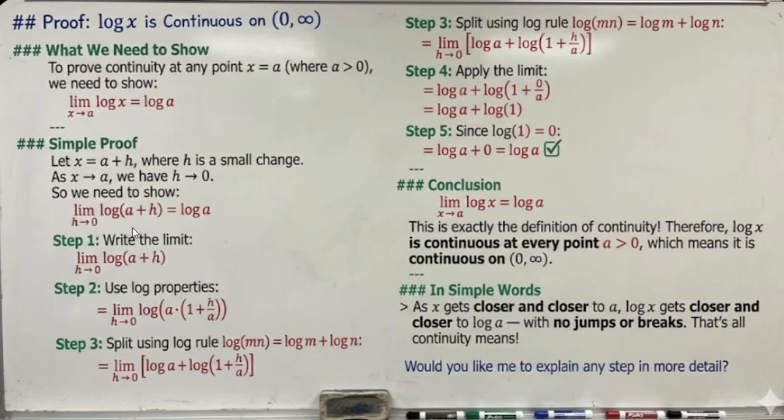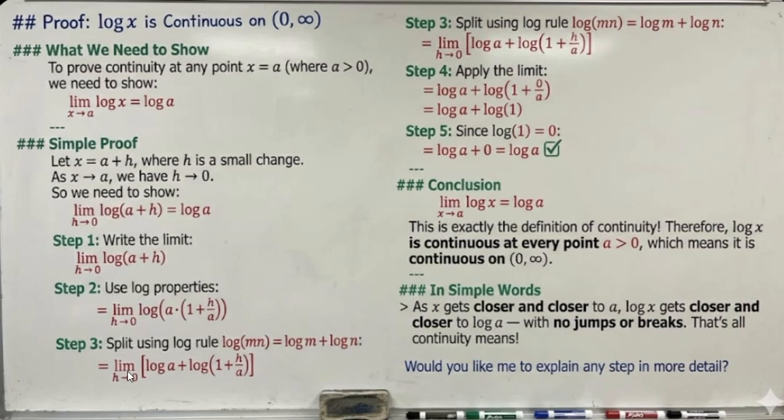Take the left-hand side: the limit of log of a plus h as h tends to 0. What happens in this case? We can rewrite it by taking a common outside: the limit of log of a into 1 plus h by a. Using the logarithm rule, log of mn is equal to log of m plus log of n, we can apply the same thing here.